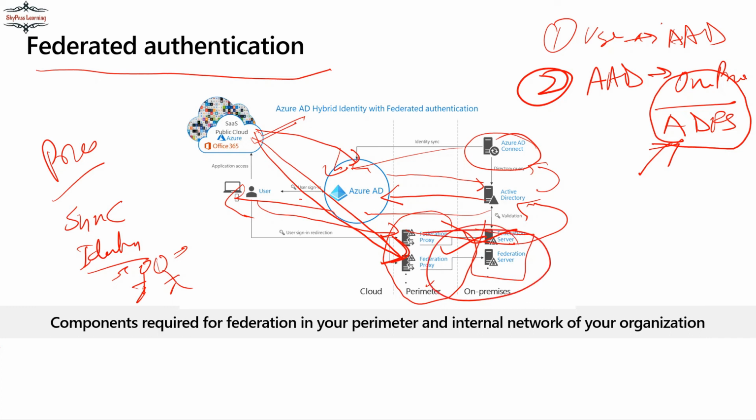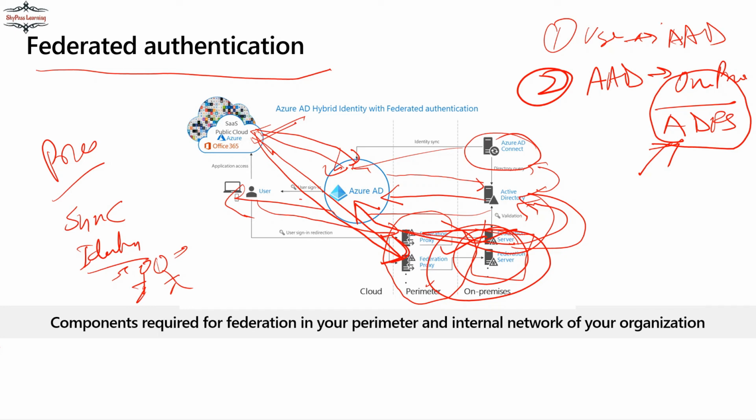Once you are authenticated from here, the federation server authenticates from the Active Directory internally, and then this will confirm to Azure AD, okay, you can grant the permission to access this particular resource as the authentication is successful, which is not the case in the pass-through authentication.